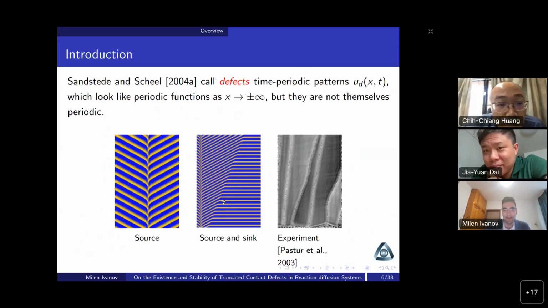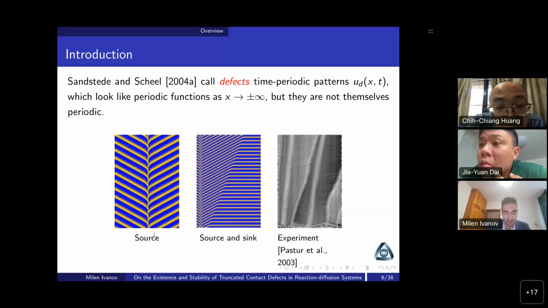Now it's time to say what is a defect, according to Bjornstad and Arnchiel. We call a defect a time periodic pattern u_d of x and t, which looks like periodic functions as x becomes very large, but the pattern itself is not a wave train. It's not fully periodic, so it's not also periodic in x.